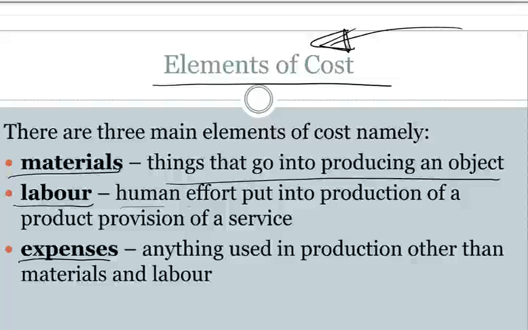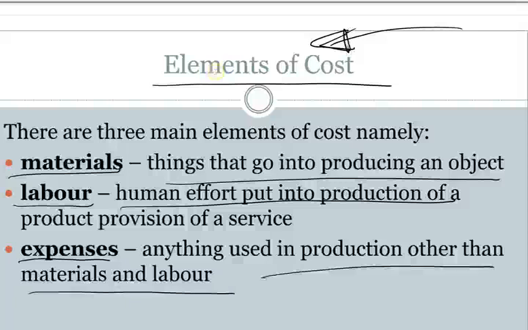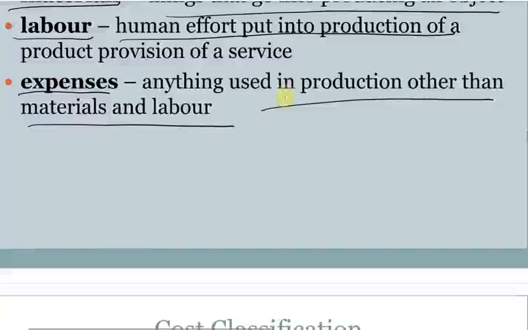Labor, we're talking about human effort put into production of the product or provision of services. In the same example, the bed, that means the carpenter putting his effort in coming up with the design of the bed. And the expenses, we are talking about anything used in the production other than material and labor. If it is not classified as material or labor, it will be classified as expenses. So those are the elements of a cost.